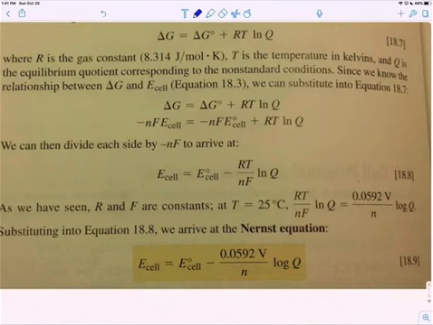This is known as the Nernst equation, and it only works for 25 degrees Celsius. If you change the temperature, you're going to change this equation.